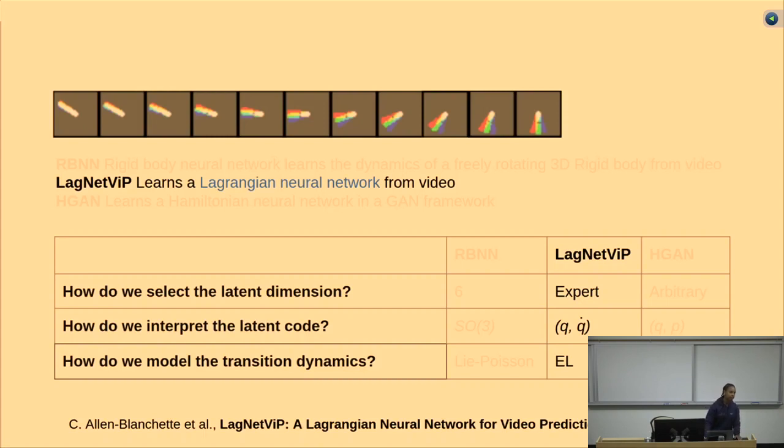So we have this desire to maybe move towards less structure. And so this work, Lagnet VIP, is sort of an intermediate, where we're learning a Lagrangian neural network from video and incorporating less domain-specific knowledge in our architecture design, which allows us to model many different systems with minimal change to the architecture.